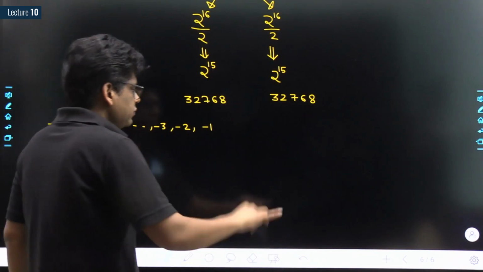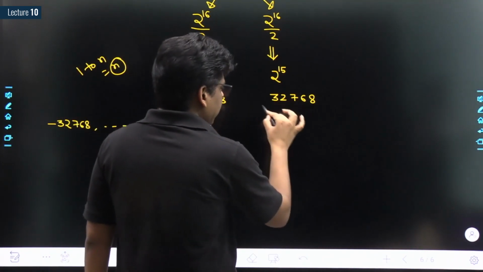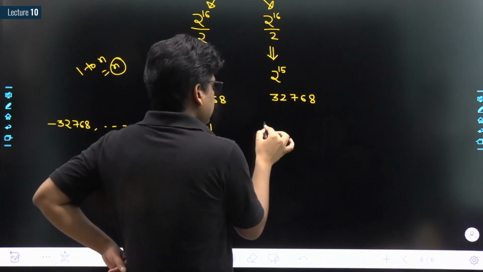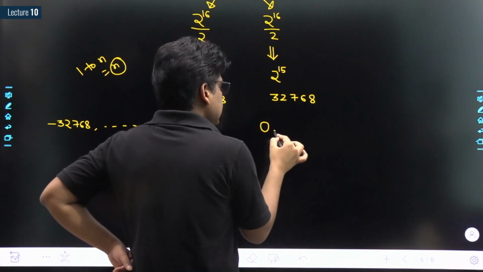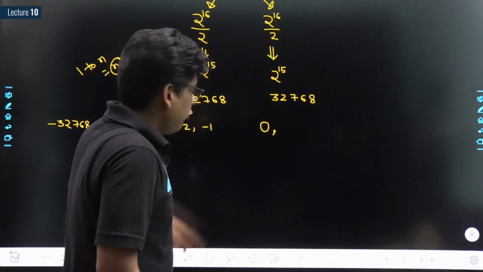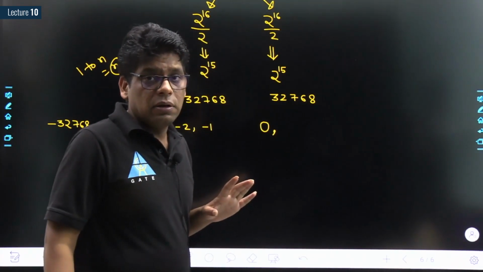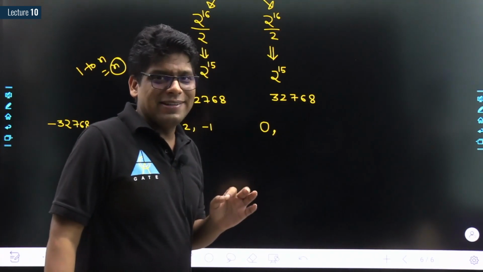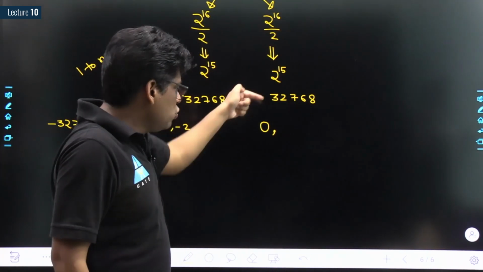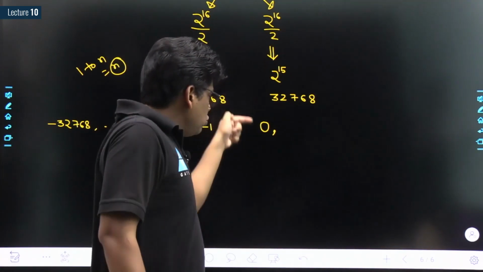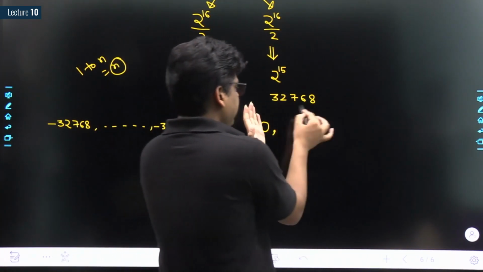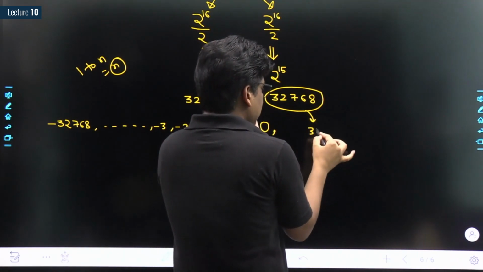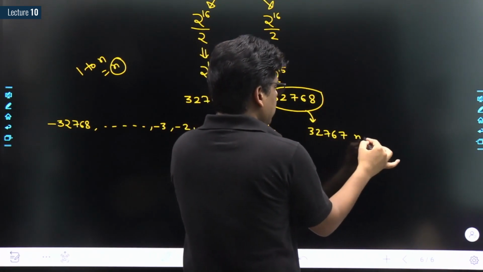But try to understand, for positive values we also need to cover 0. From 32768, I already used one number for 0, so 32767 numbers are left.